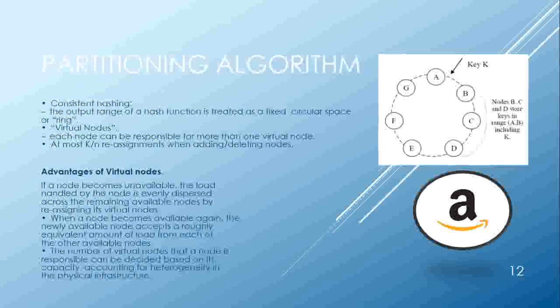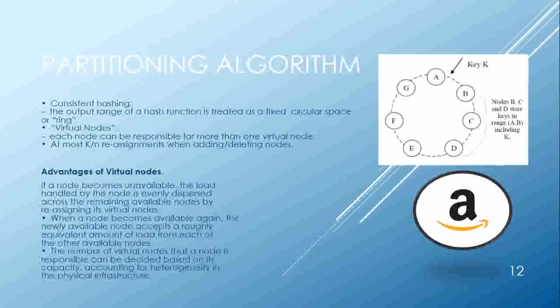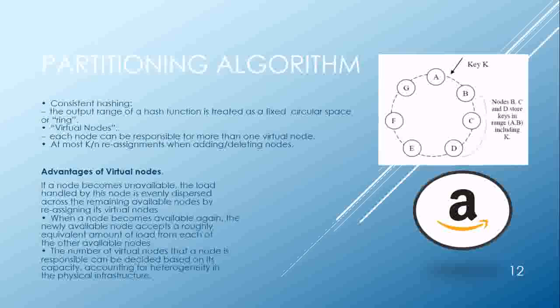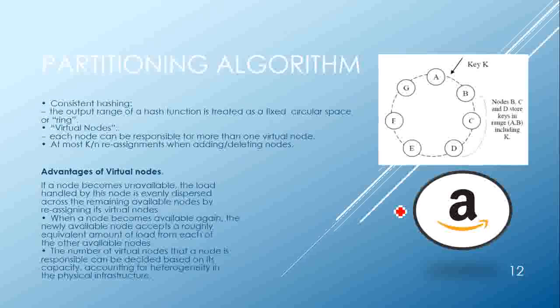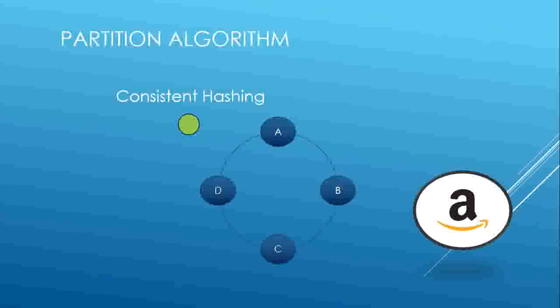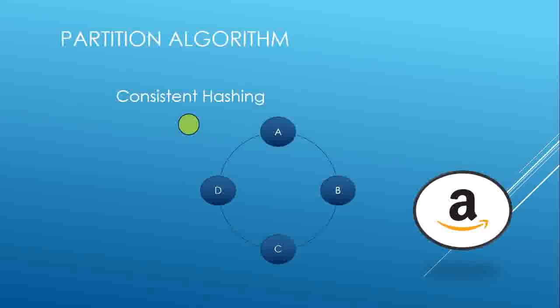The number of virtual nodes that a node is responsible for can be decided based on its capacity, accounting for heterogeneity in physical infrastructure. You can see the ring-based nodes here, and we will discuss this in future slides. Moving on, here is an example of the partitioning algorithm with consistent hashing. This is a small animation which you can look at, and I'll explain it later.